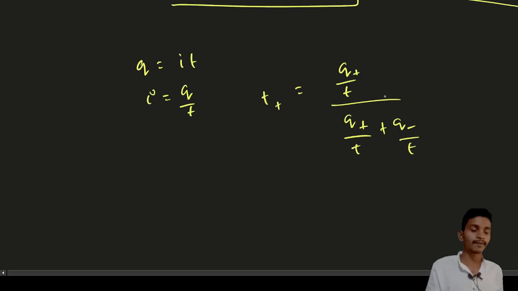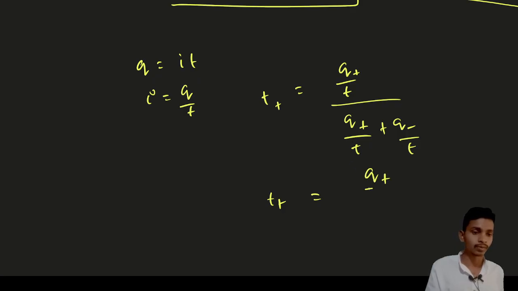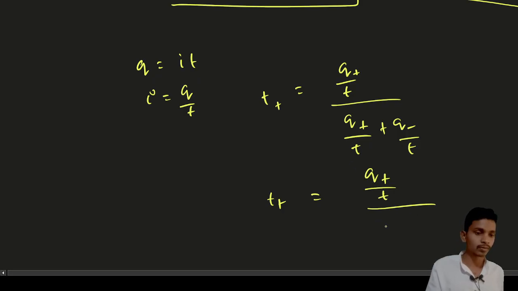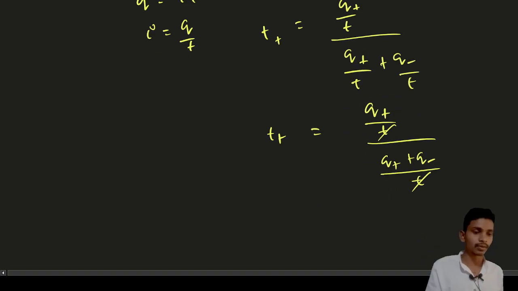Since the experiment happens at the same time, time in both the cases is equal, so T cancels, and transport number of cations is equal to Q positive.